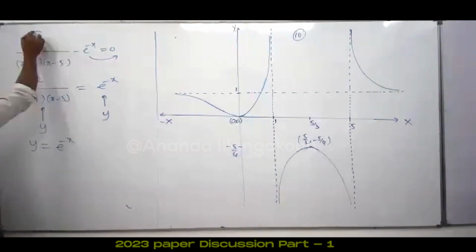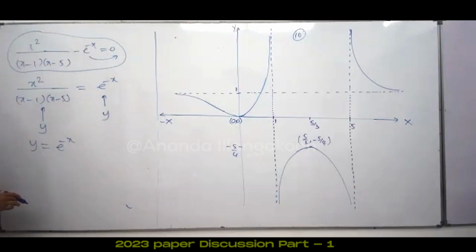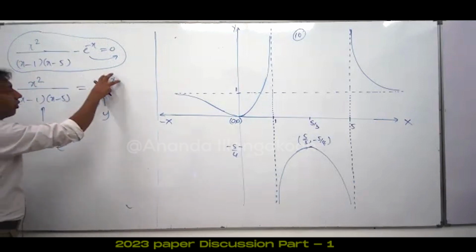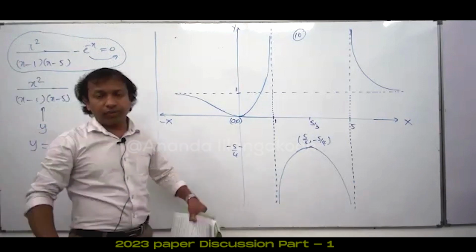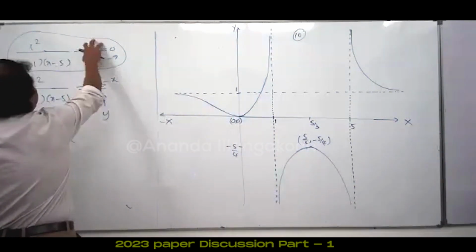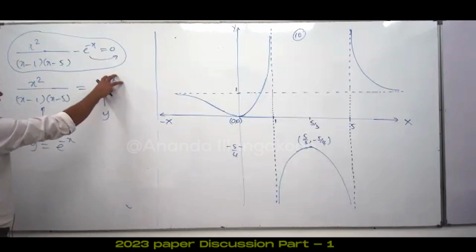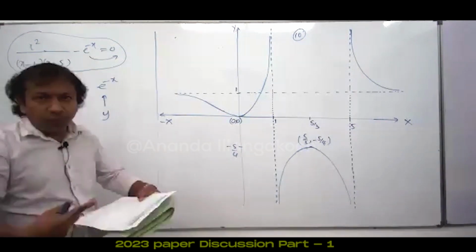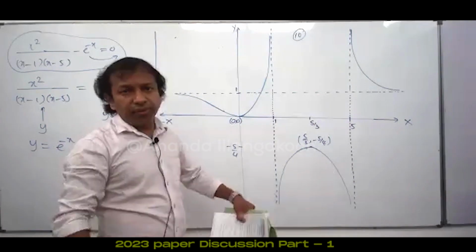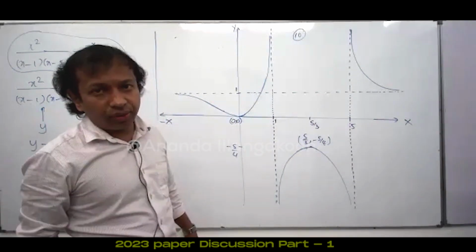Then the solution of this equation means what? The x values where this graph and this graph are equal. Understand? The solution of this equation means this graph and this graph are equal at that point's x value. Equal means what, people? y values are equal.